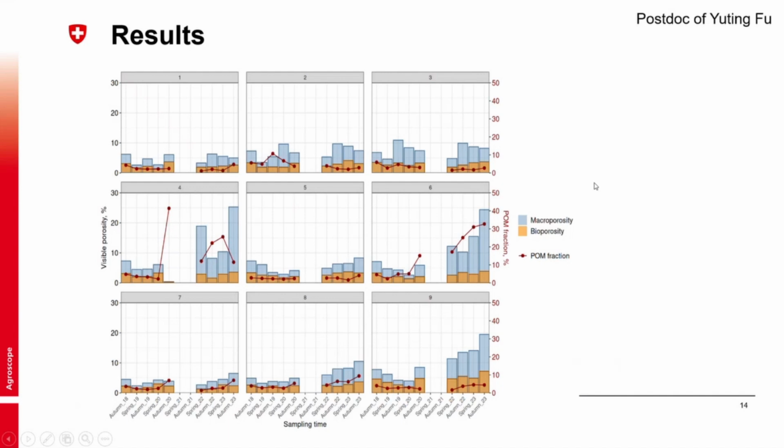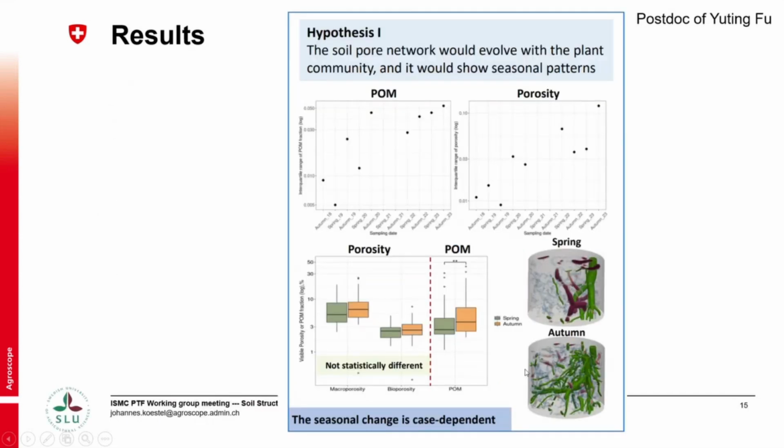And there were other columns, for example column number 1, where not so much was growing. There you had less particulate organic matter, but you also had fewer macropores. You see these seasonal changes also in the porosity.